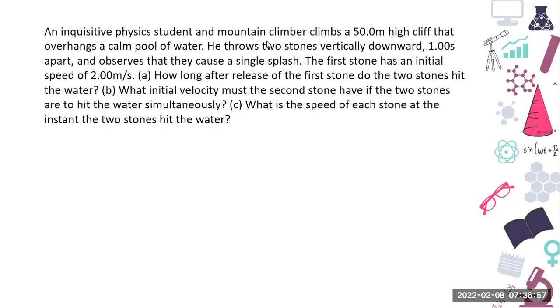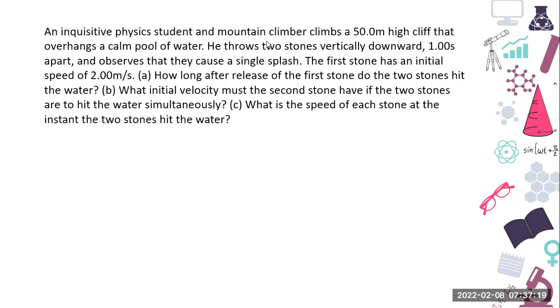So we are looking for 3 quantities here. How long after release of the first stone do the 2 stones hit the water? So we're looking for time. What initial velocity must the second stone have if the 2 stones are to hit the water simultaneously? And what is the speed of each stone at the instant the 2 stones hit the water?